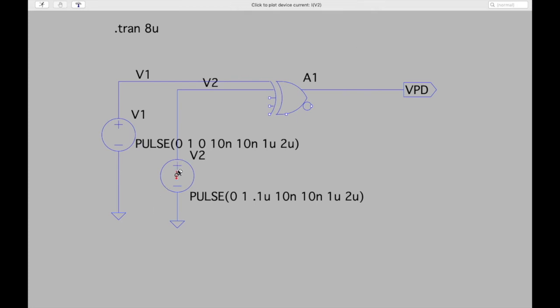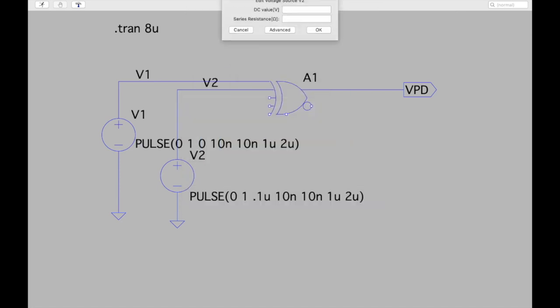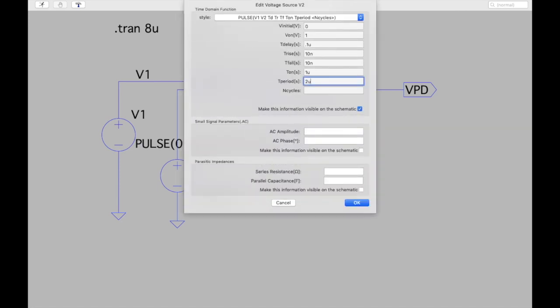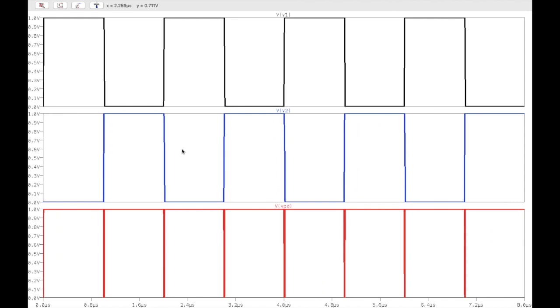So let's edit this one. Right click, so we will make it 1 microsecond. Or to see 0.5 first, or let's make it 1 microsecond and see what happens. So the delay is 1 microsecond. If you run it, we can see that it is almost high, right?